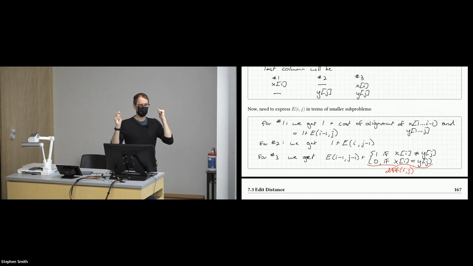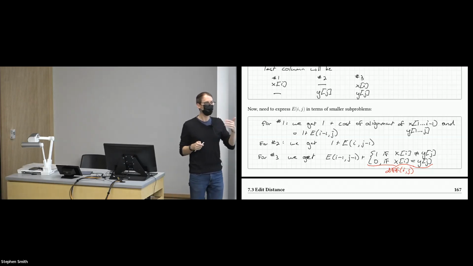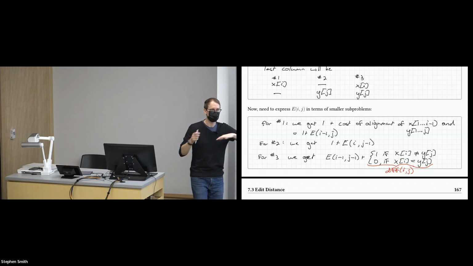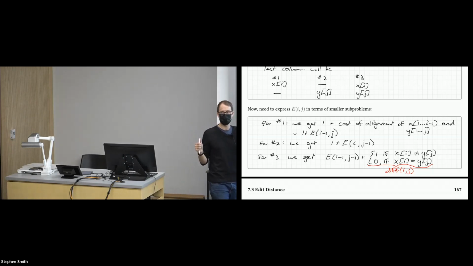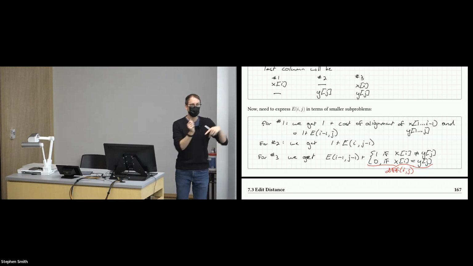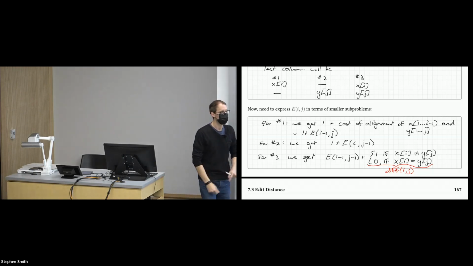I'm trying to write the solution of E(i,j) in terms of the solutions to E(i', j') with smaller indices, i' and j' that are less than or equal to i and j. Because then I could fill those ones in, and then once I filled those ones in, I'll be able to fill in E(i,j).